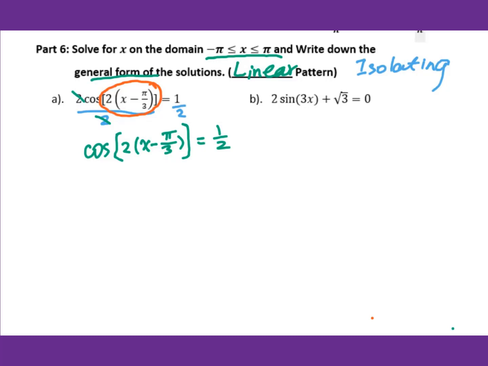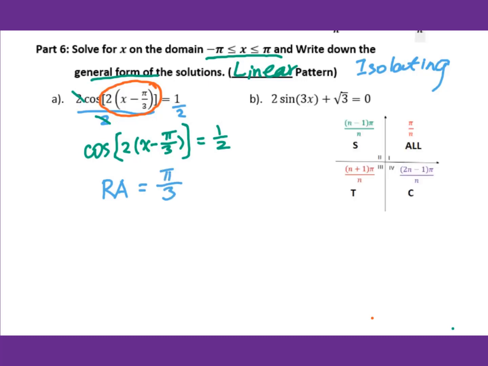After isolating, you will get the reference angle that will be pi over 3. Since cosine is positive, using this diagram, we know that the first quadrant and the fourth quadrant are where cosine is positive. So we got pi over 3 and 5 pi over 3.